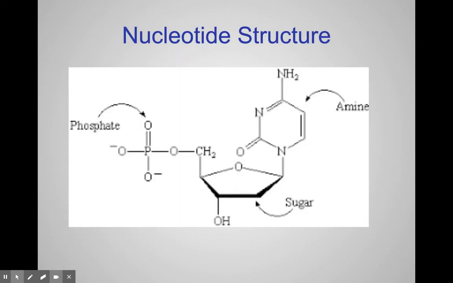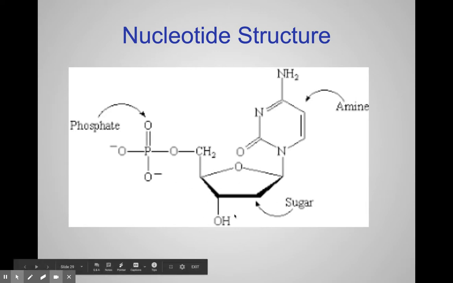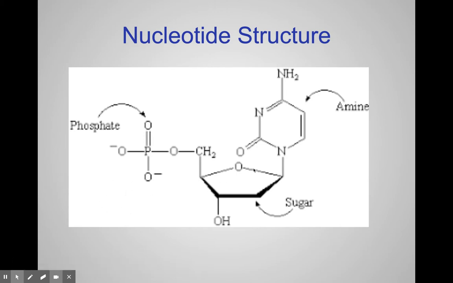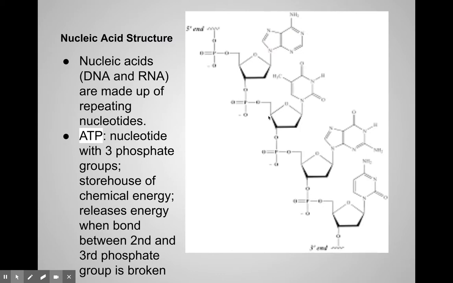So here is the nucleotide structure. It has that sugar, it has that phosphate, and then it has this nitrogen-containing base. So the nucleic acids, those DNA and RNA, are made up of repeating nucleotides.